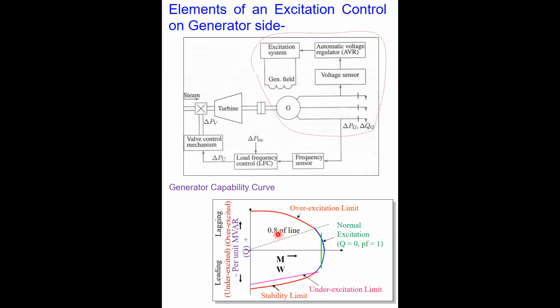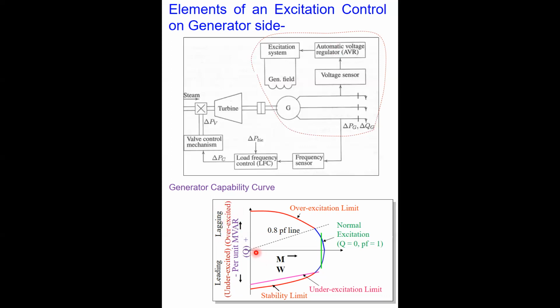Now, we define a boundary for the operating region of the synchronous generator. What you can see is that when the generator is overexcited, when you have a higher field current than the rated value, it is lagging reactive power. So the generator will supply lagging reactive power to the load when it is overexcited.